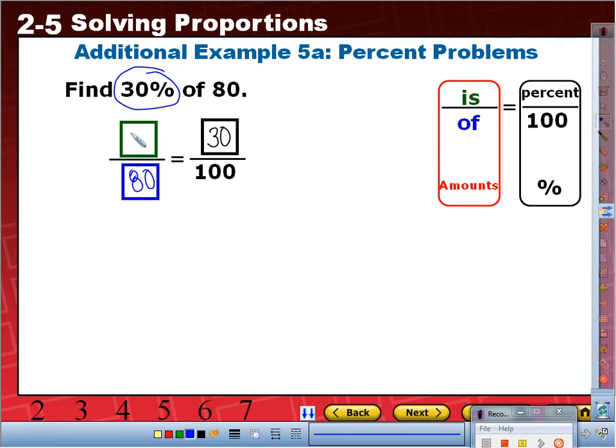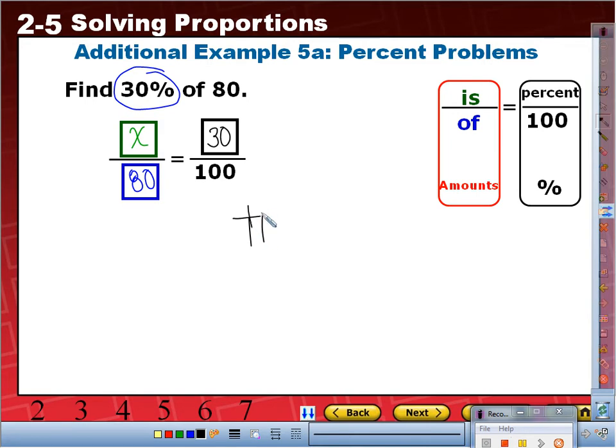What is the only one that we don't have? The top. So what do you think goes there? X. And do we know how to solve these using cross products? Yes, right? Okay. So therefore, make sure you write this down when you're solving these kind of problems for percentages, and get used to the format. Okay. There's another way of doing it, but I'll just go over that other way tomorrow.